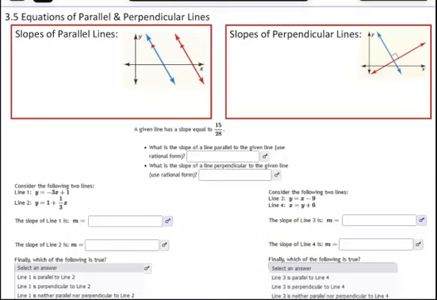The first is if you have two parallel lines, because of the nature of the slopes of these lines being the rise over run, if these lines never intersect, then as you go up on one and over, the only way that the two lines will never intersect is if you go up and over the exact same amount for each line. So the slopes of parallel lines are going to be the same.